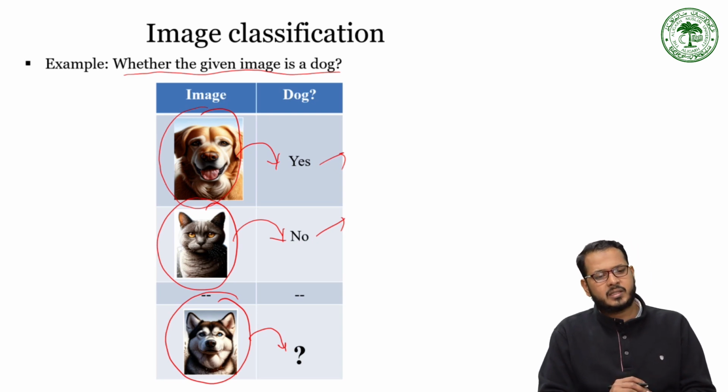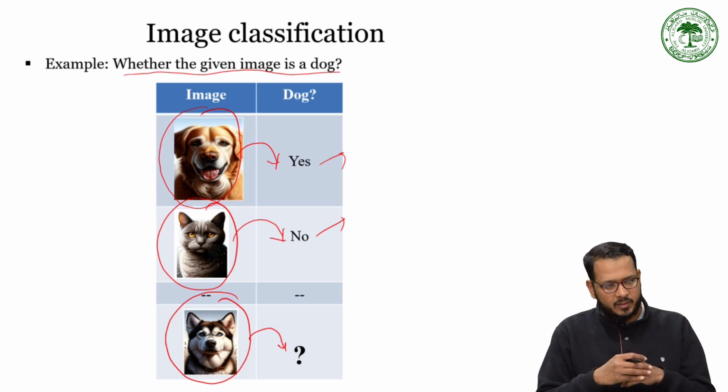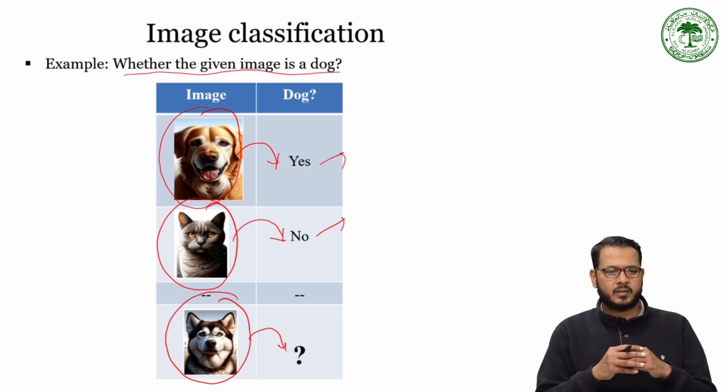In many ways, it is similar to the traditional classification problem. However, the difference is that the input is not the numeric columns as we do in the case of traditional machine learning, but here the input is an image. I hope all of you already know that any image is actually stored as its pixel values.